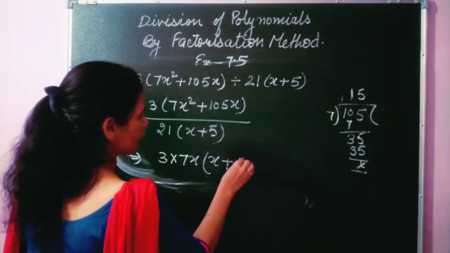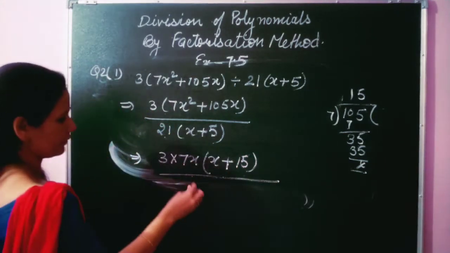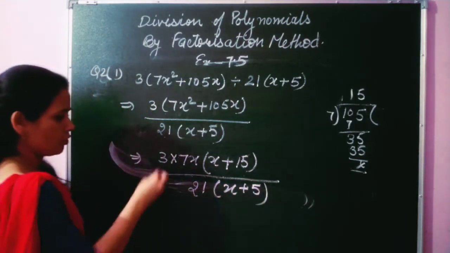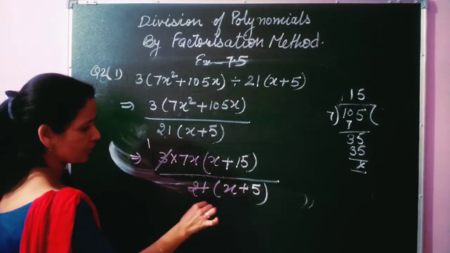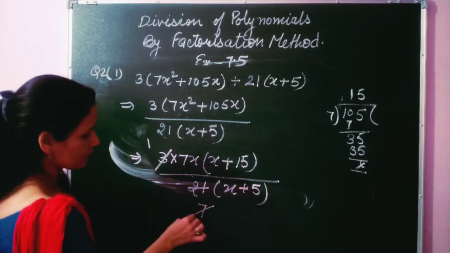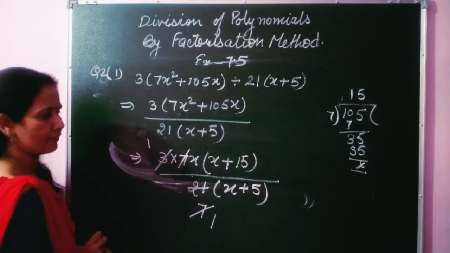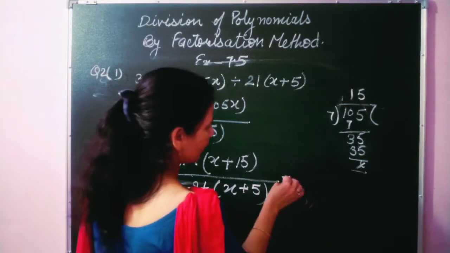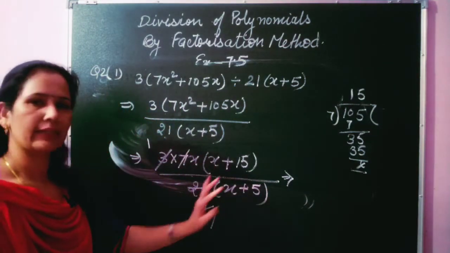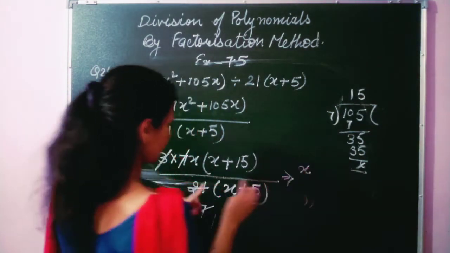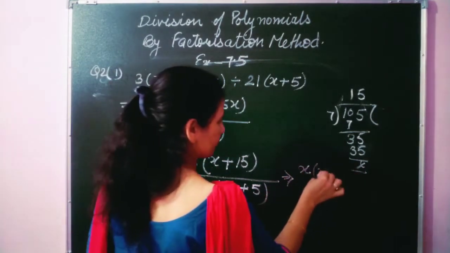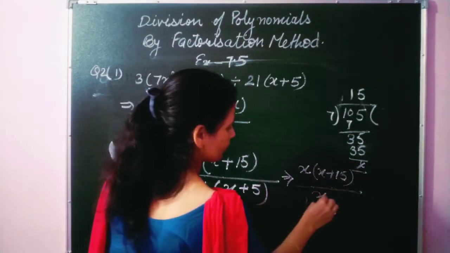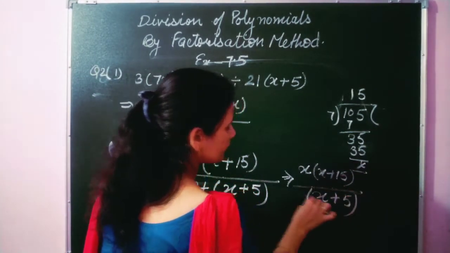So here x plus 15 and downside 21x plus 5. 3 times 1 is 3, 3 times 7 is 21. Then 7 times 1 is 7. Now not a single factor is possible to cancel. Whenever the factors are not possible to cancel, we write directly. So from the numerator we get x plus 15 and from the denominator only x plus 5. So this is the answer after division.